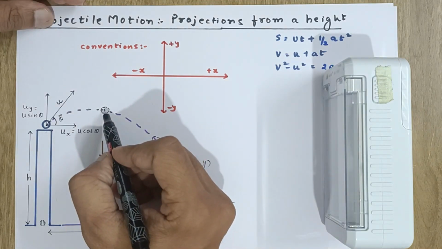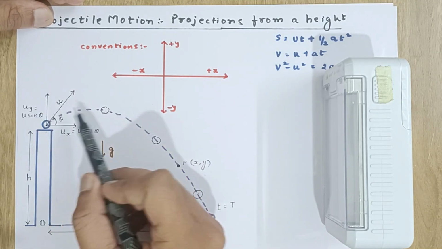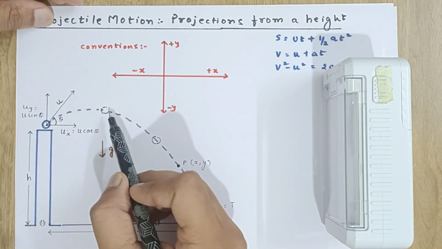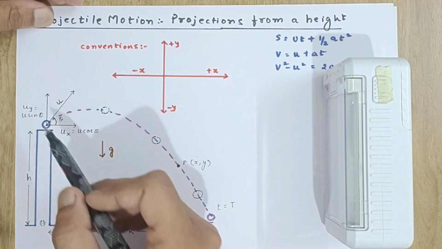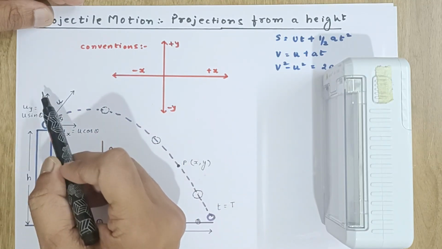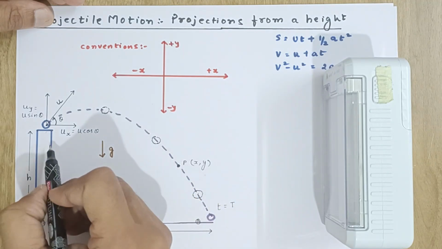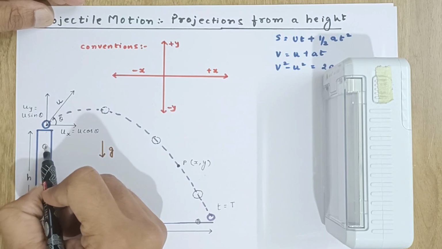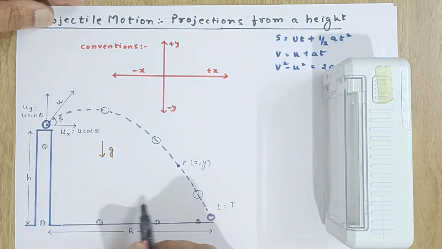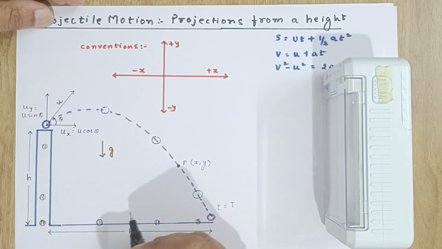When the ball reaches over here, the shadow of this ball goes above the height of the building, and we don't care what is happening above the height of the building. When this ball reaches over here, its shadow will be somewhere over here. When the ball reaches over here, its shadow is somewhere over here. When the ball touches the ground, its shadow falls over here.